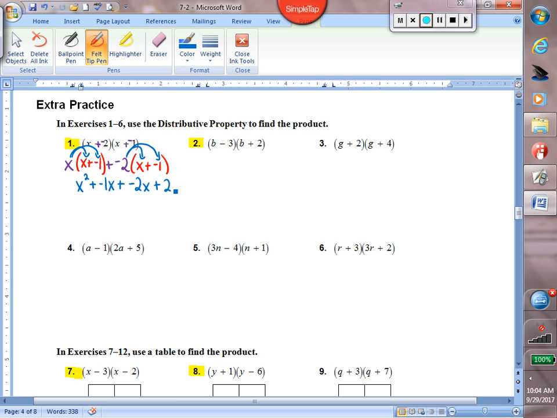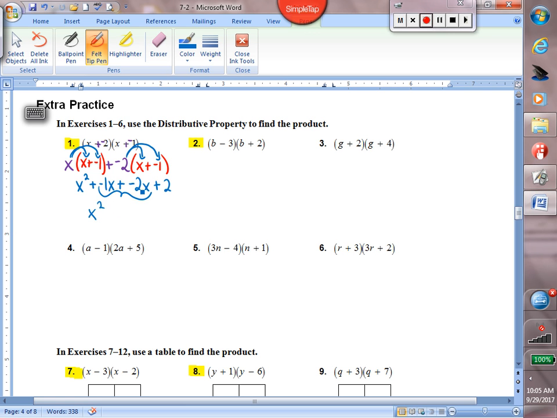After I distribute, I have to now look at my result and see if I have any like terms that I can combine. As I look at my 4 different terms, I notice I have a negative 1x and a negative 2x that I can add together. So the x squared just stays the same.